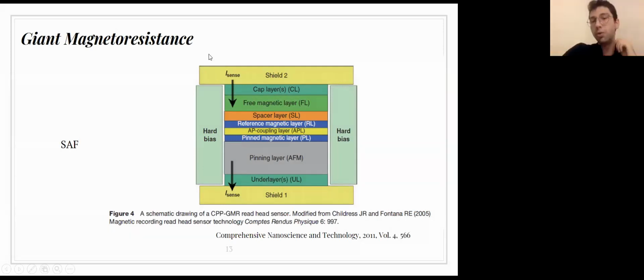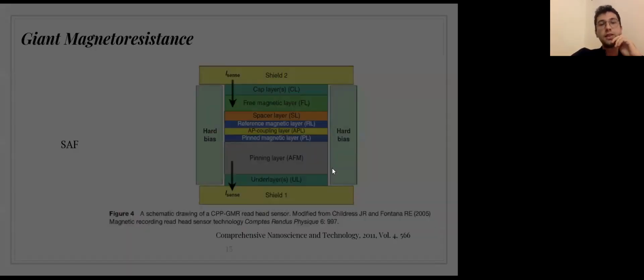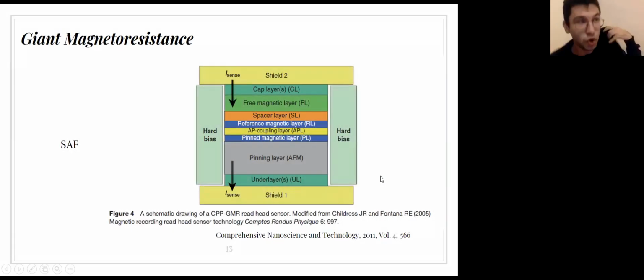One problem that we encounter here is that we want a fixed layer on the lower side. So how do we obtain a fixed layer? We can use different types of materials, different types of layers, to obtain SAF, which is called synthetic antiferromagnet structure, to obtain a fixed layer.